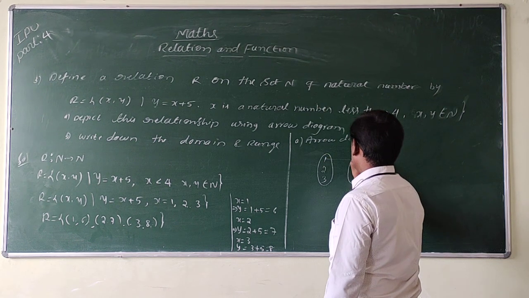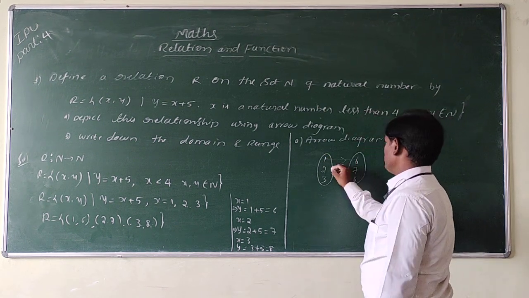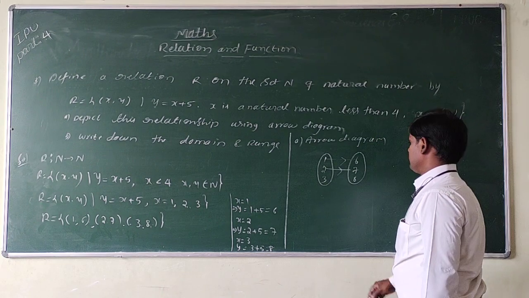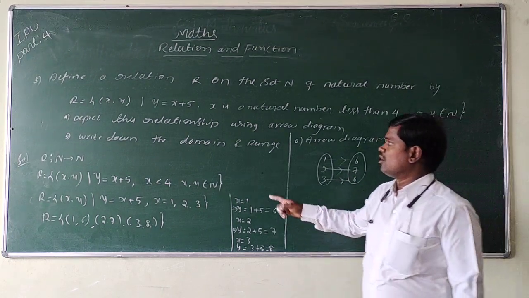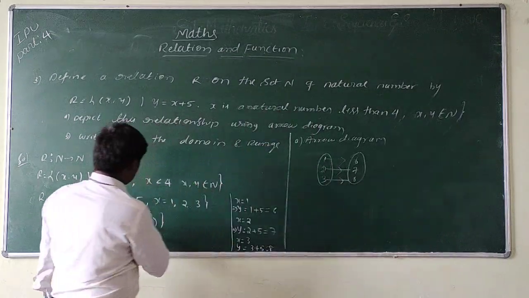So 1 is related with 6, 2 is related with 7, and 3 is related with 8. This is the diagram of the relation R.